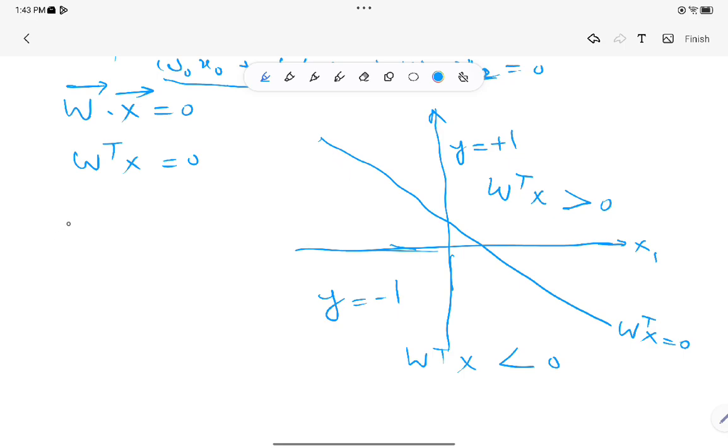It means that this line is equal to 0. Now you know, the dot product of two vectors is actually w0 x0 plus w1 x1 plus w2 x2 equal to 0. Finding this straight line means finding its corresponding equation.